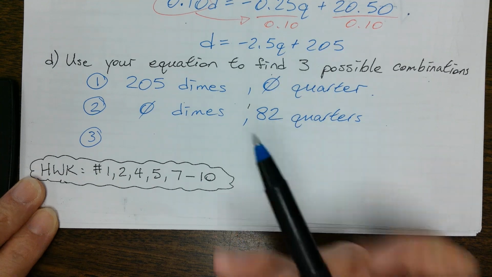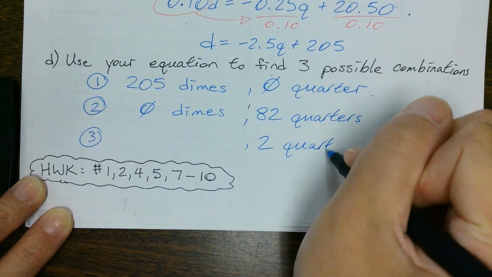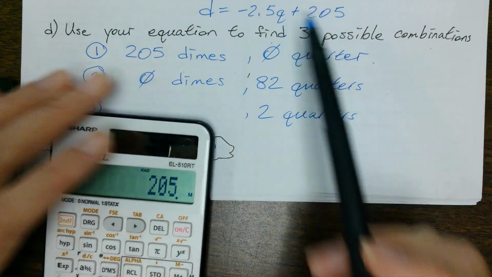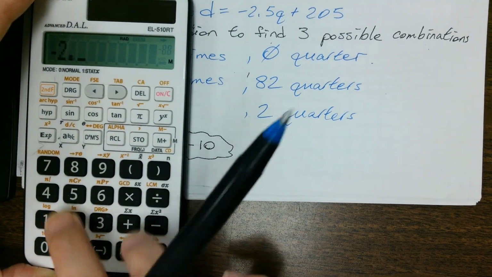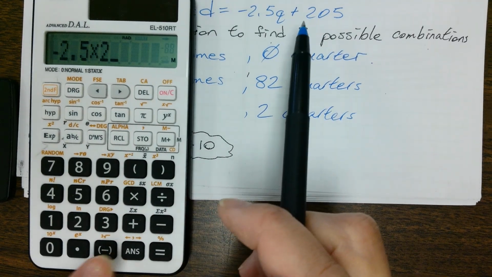Bella? 2. So let's say I have 2 quarters, how many dimes would that give me? Negative 2.5 times 2 plus 205.